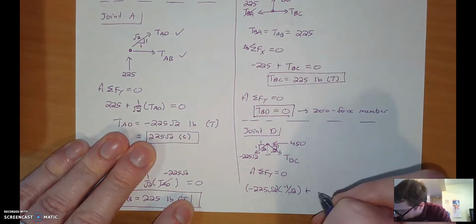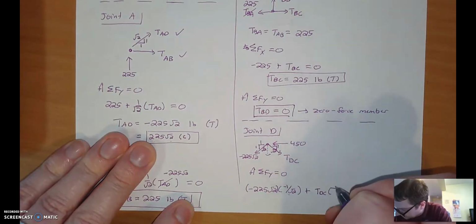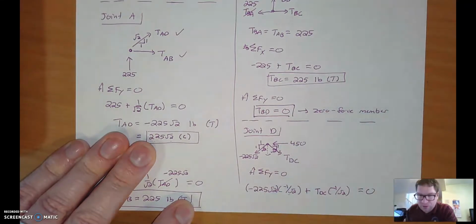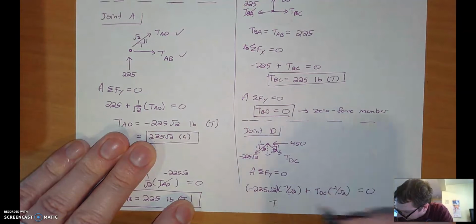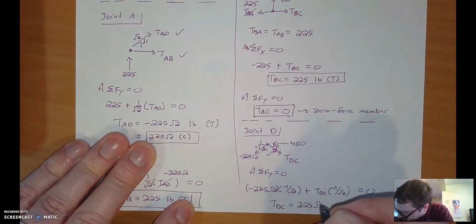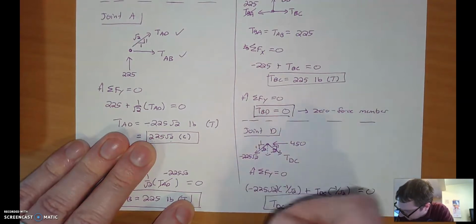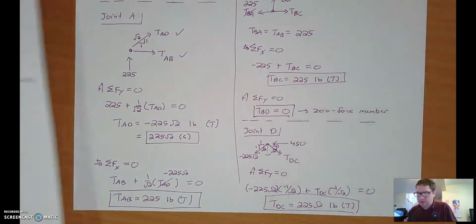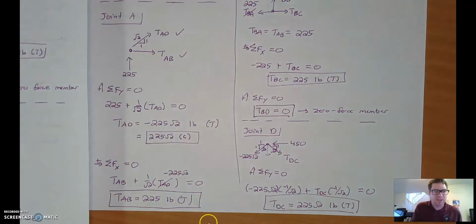Plus tension DC times negative 1 over root 2, all equal to 0. When you solve this, you will find that basically these are going to cancel. So negative 1 over root 2 is going to cancel for both. Tension DC will be 225 root 2 pounds in tension. And with that, you have solved your problem. So in the next one, we're going to go look at 0 force members. See you then.